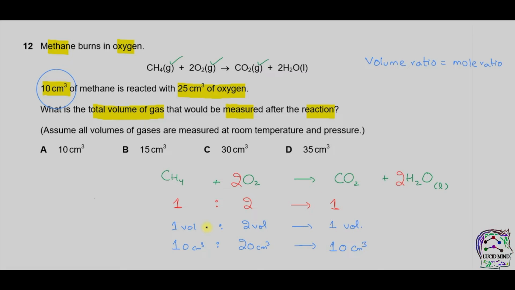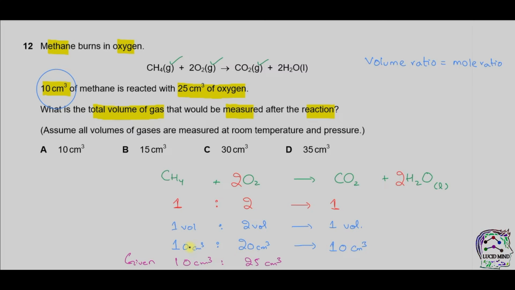Now these are the volumes on the basis of the balanced equation. Now look at the volumes that are given. We had 10 centimeter cube and 25 centimeter cube. So the given volume is 10 centimeter cube of CH4 and 25 centimeter cube of oxygen. Now what will happen is that CH4 will react with oxygen and 10 centimeter cube of CH4 will be consumed.